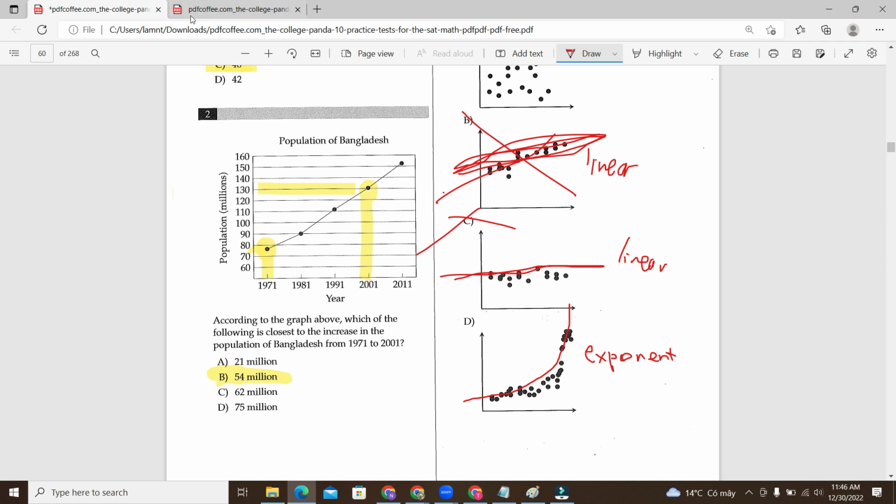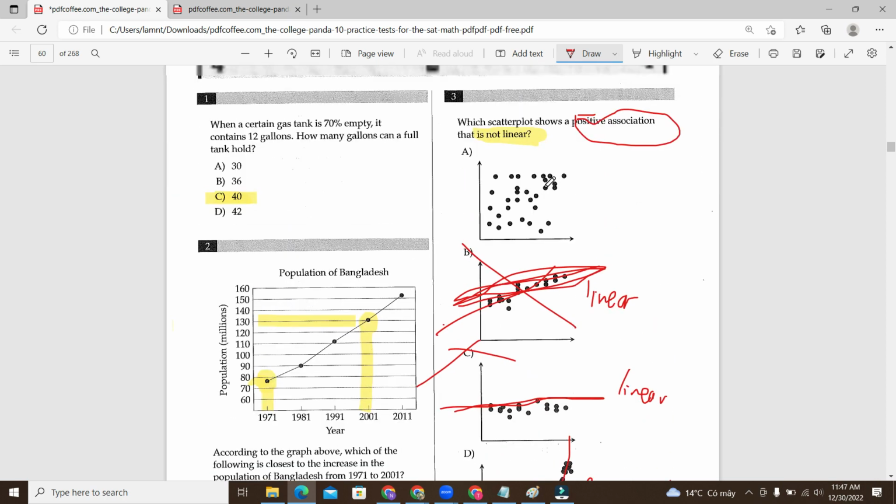It's an exponent correlation in the data. Whereas this one is just random, so A actually has no association, and A is not correct.